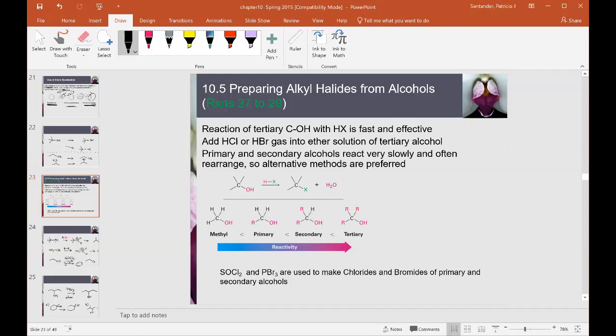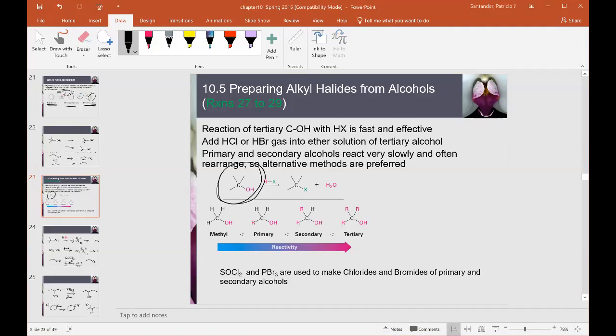If you want to transform a tertiary alcohol, like the one I am circling there, in that case, you can use directly an acid. If you want to make the chloride, of course, you will use hydrochloric acid. If you want to make the bromide, you will use HBr.